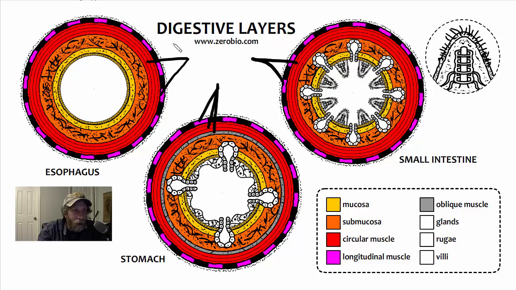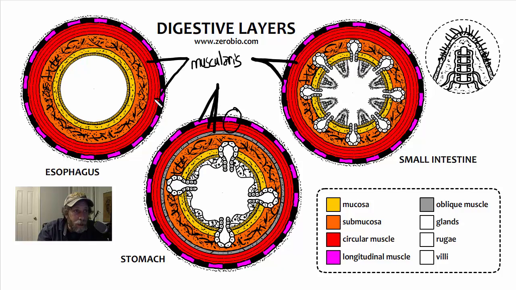All right. All of this together is called the muscularis. Spell this out: M-U-S-C-U-L-A-R-I-S. In other words, the three muscle layers in the stomach are collectively called the muscularis.